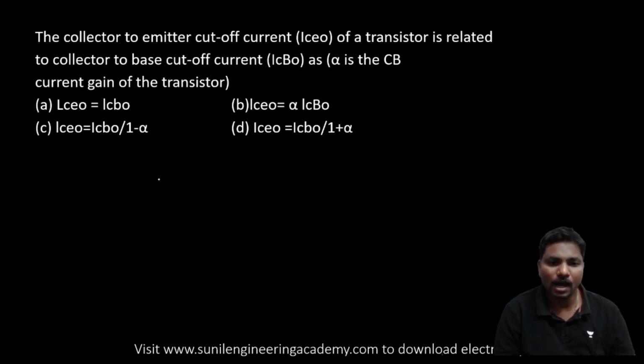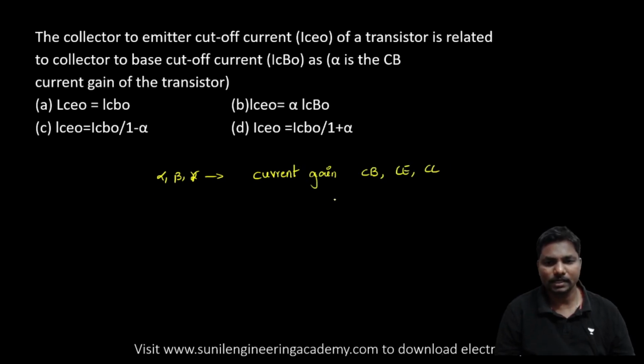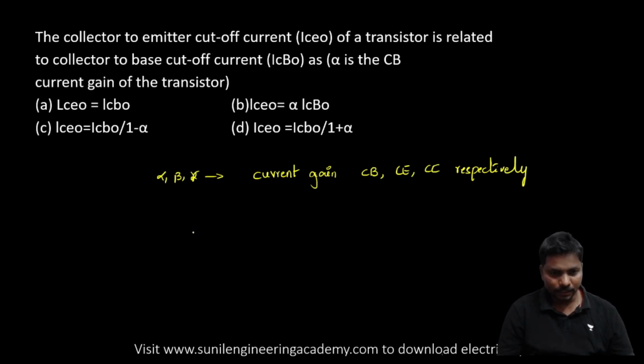We know very well alpha, beta, gamma are nothing but current gains only, guys, in respect of CB, CE, CC. Alpha is the current gain of CB, beta is the current gain of CE, gamma is the current gain of common collector.